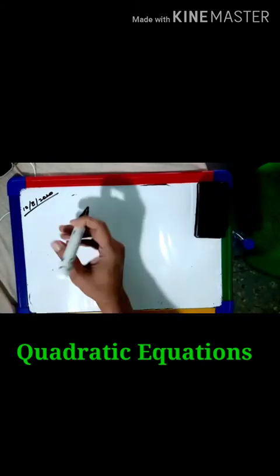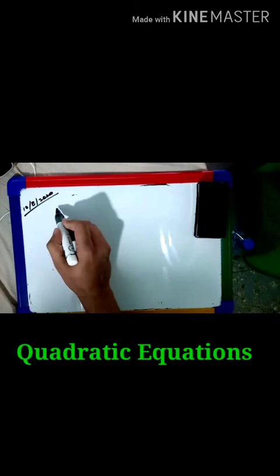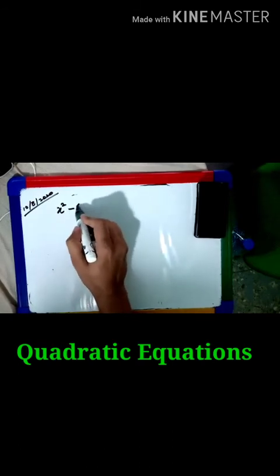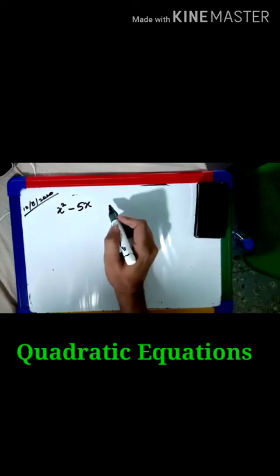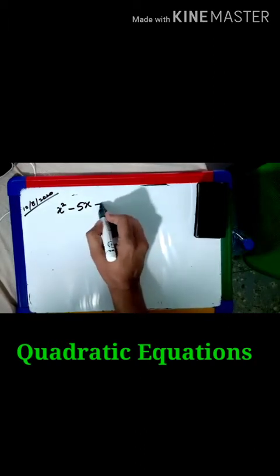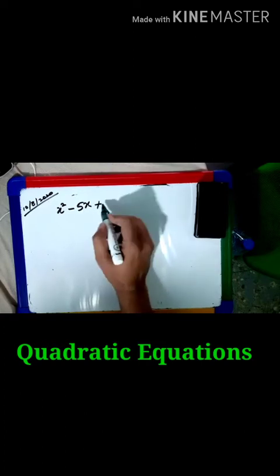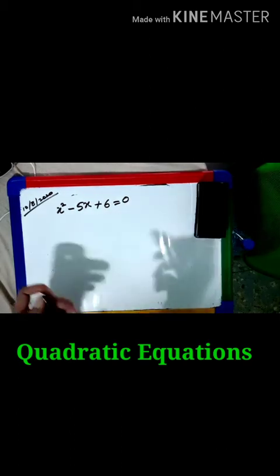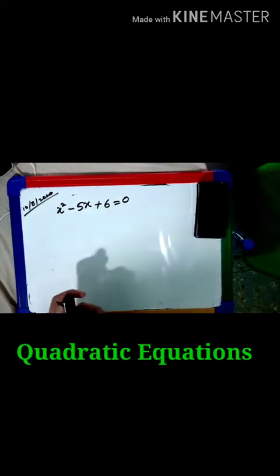What is the factorization of quadratic equation? If I say x square minus 5x and then if I write plus 6 equal to 0. So can you guide me how I should solve this quadratic equation?